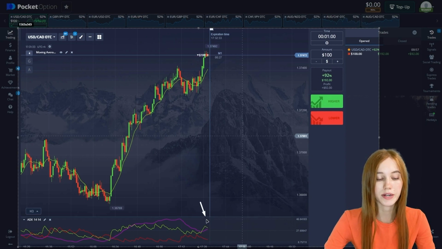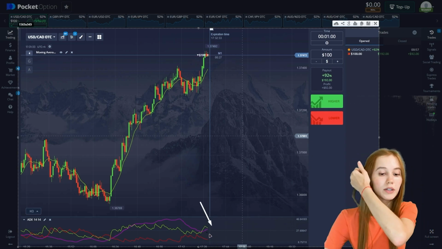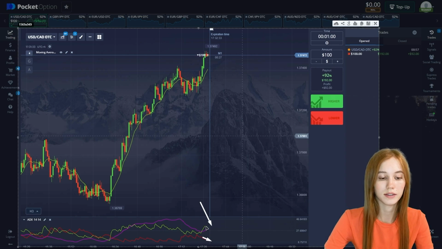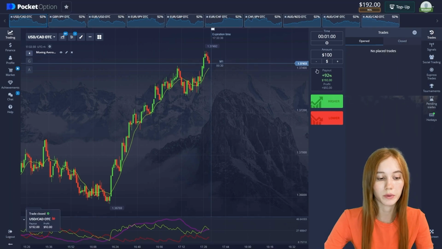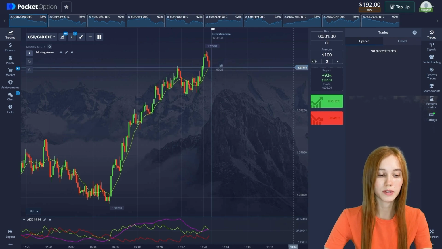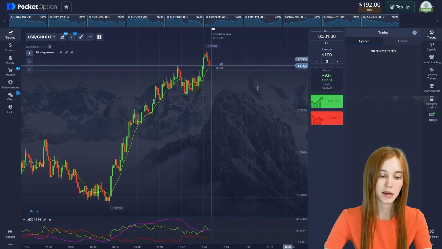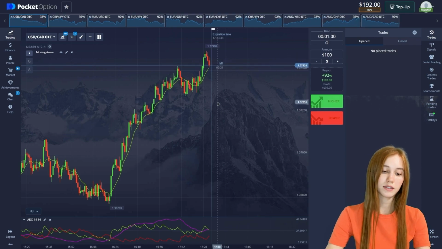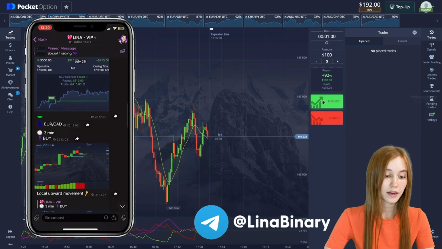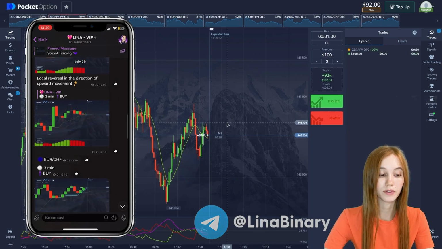The green line is directed downward like the red one, but the red one is directed smoothly downwards and the green one is directed sharply, which means a possible quick change in trend. Unfortunately, it took me a long time to explain, but we see that the balance has become greater. It's currently 192.